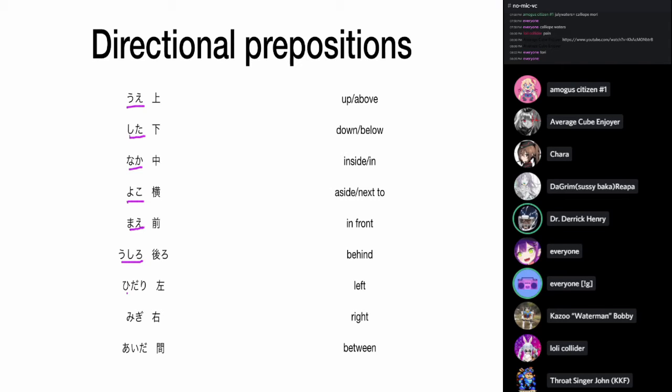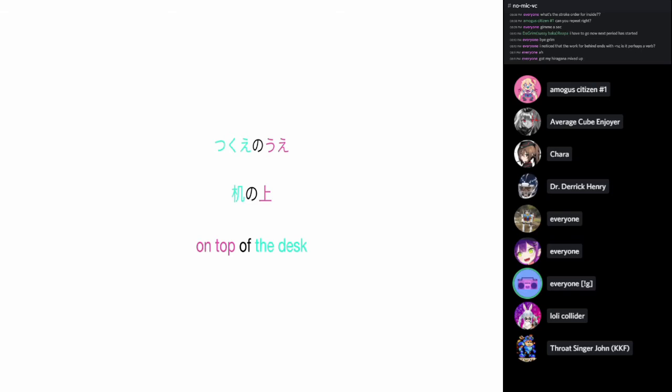So left is hidari and right is migi. And then last is in between. In between is aida. Aida has a special rule about how you actually use it. So we'll cover that when we get to it.